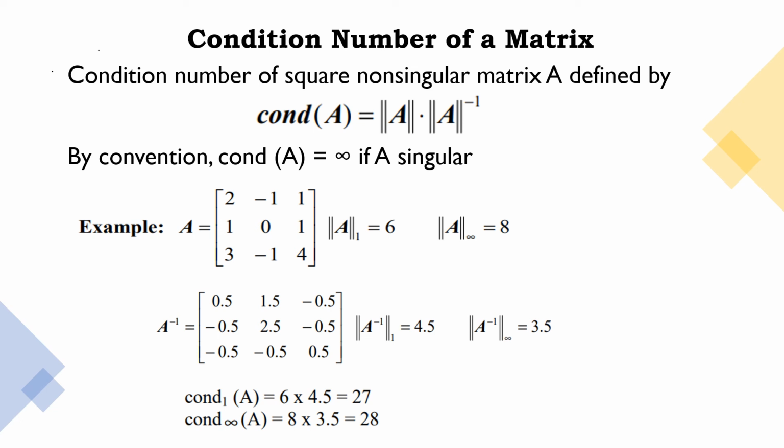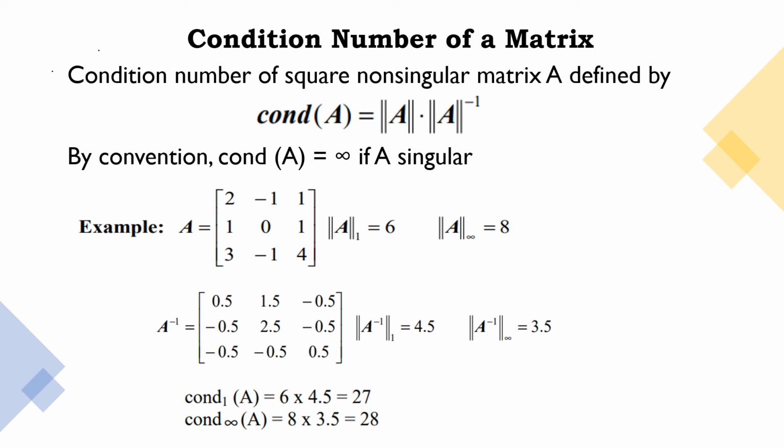Now, in this case, try to observe. We have the norm of A, and that is 6, given this matrix, of course. And the norm of A infinity is 8. They also have their A inverse. If the subscript is 1, the norm of A inverse is 4.5.